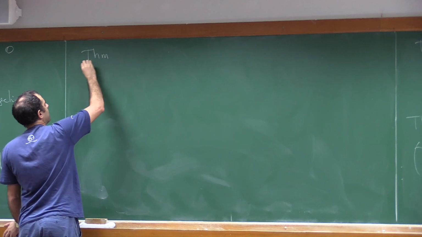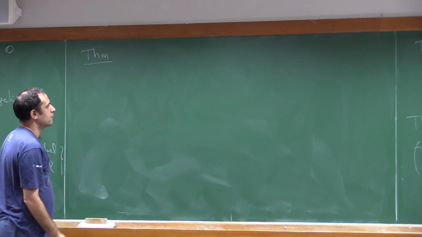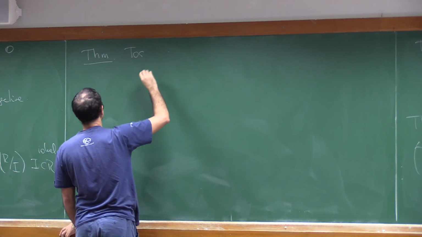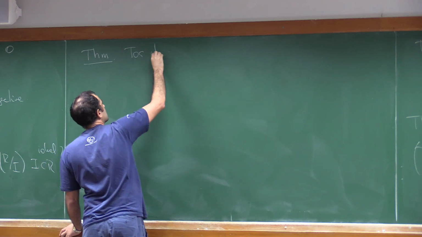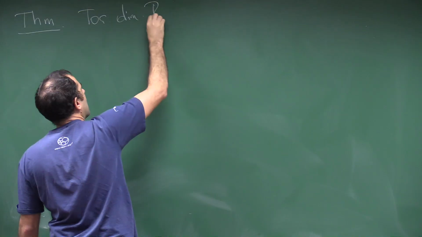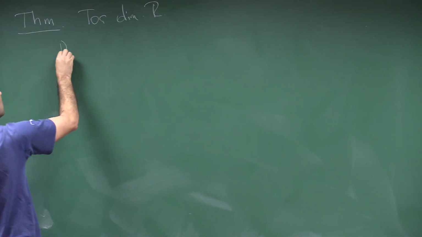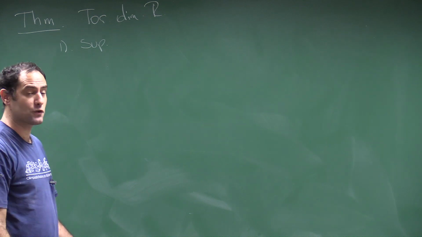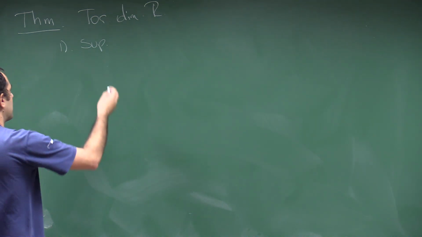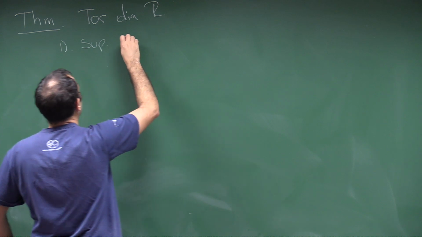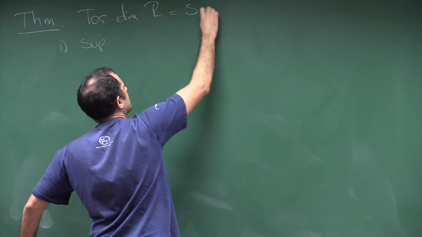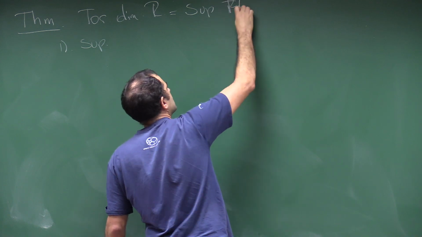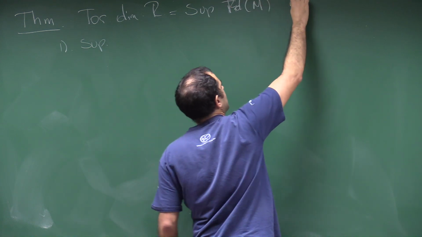So theorem, the Tor dimension of a ring R is also equal to the supremum. It doesn't matter if we take left or right modules. I've defined it to be the supremum of the flat dimension of M, where M is a right R module.